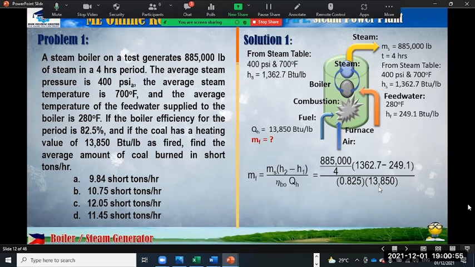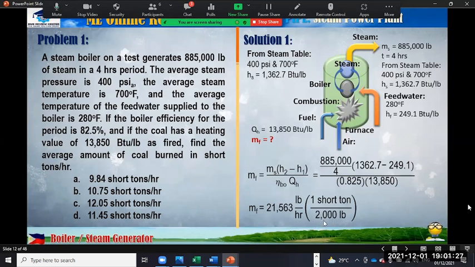Once we compute this, the resulting unit will be in pounds per hour. But we do have a problem: the unit requirement is short tons. So how shall we do it? To convert to short ton, take note, guys, that 1 short ton is equivalent to 2,000 pounds.